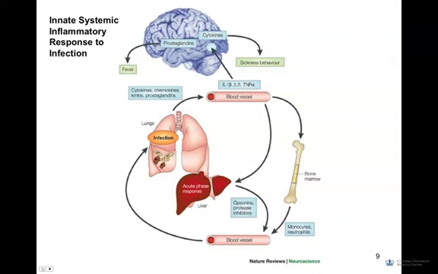Okay. And those proteins enter the bloodstream, and they interact with complement proteins, and they increase the likelihood of complement activation. Okay. So those are some of the key components of the systemic inflammatory response triggered by these cytokines.